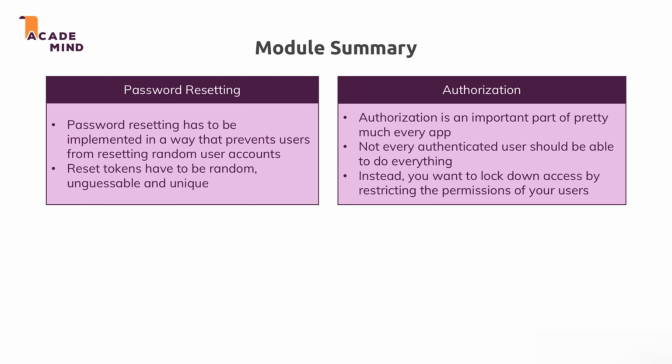And that's the idea of authorization, and that is also what we did in this module, when we ensured that only users who created a product can actually view, edit, and delete it. So authorization is a crucial part of most applications, and together with authentication, which is the surrounding topic of having users in general, you can really control which visitor can do what in your web app, in your website.